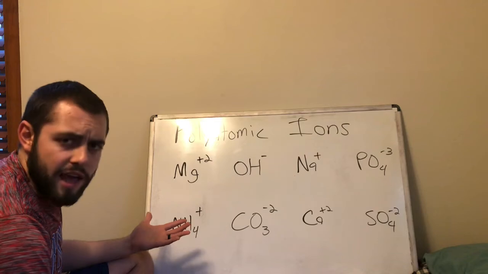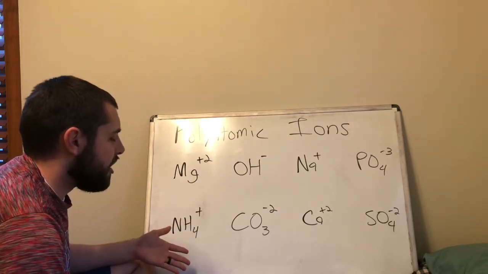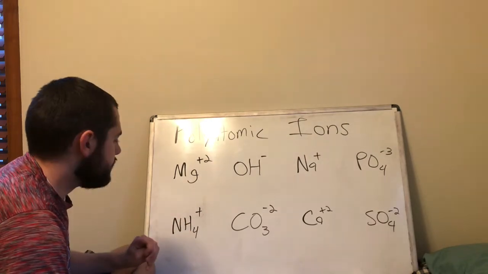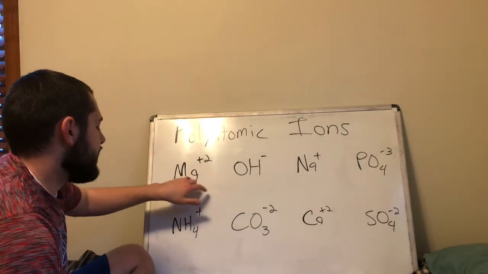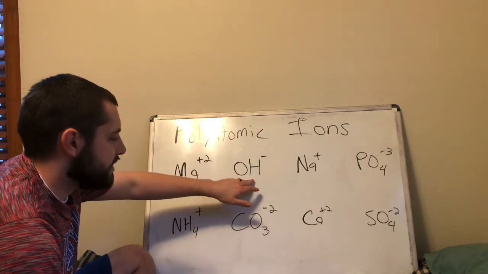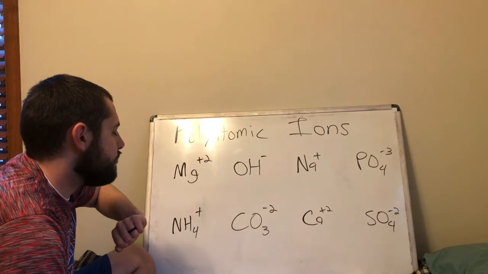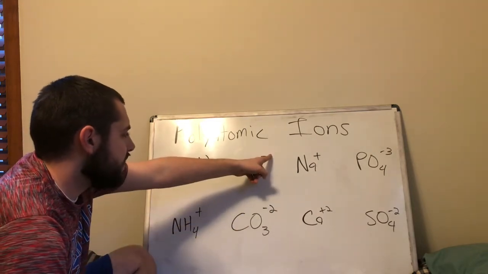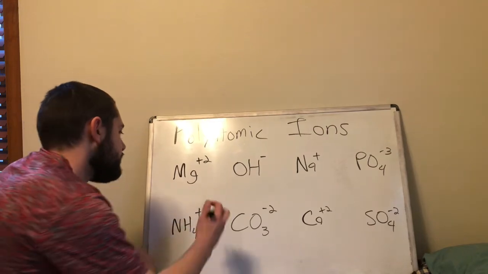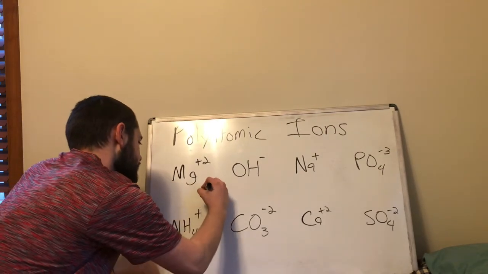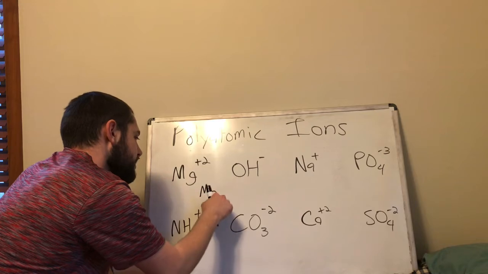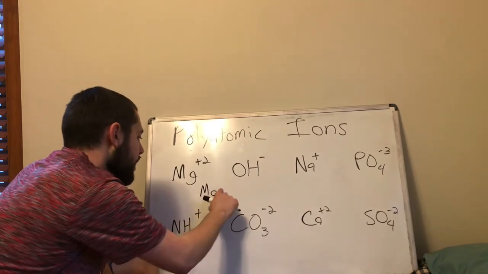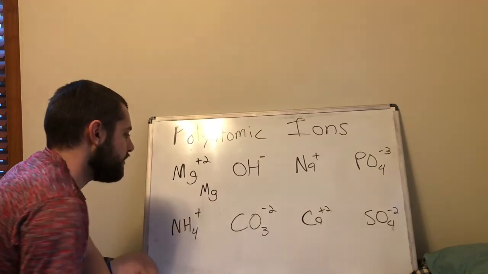So how would we balance that? We can still use the crisscross method a lot of the time. For this first one here, magnesium with a +2 charge. This is hydroxide with a -1 charge. I can do the crisscross method. I can take this 1 and make it the subscript for my magnesium. Magnesium, I don't need to put this subscript of a 1. It's understood that I only have 1.